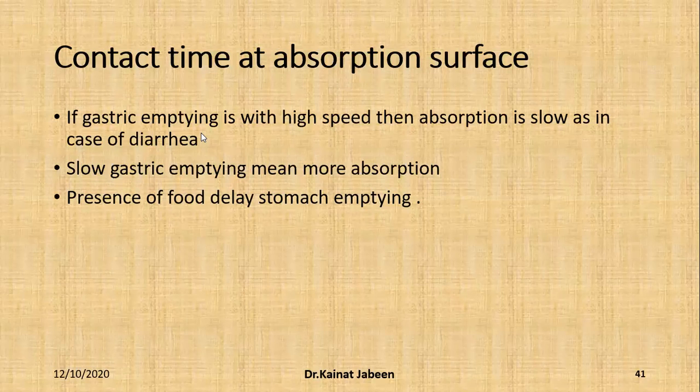And if the gastric emptying is slow, then the absorption is much higher because the drug has more contact time with the stomach or intestine. The factor that delays stomach emptying is the presence of food.